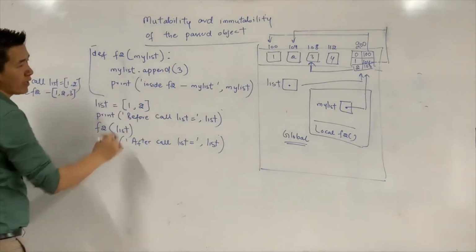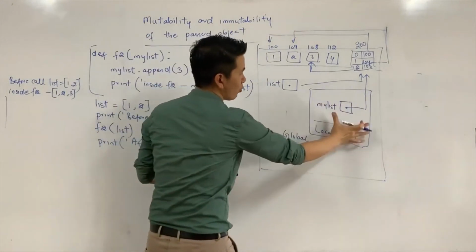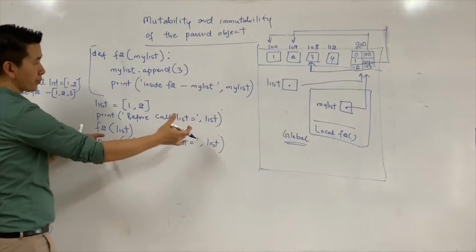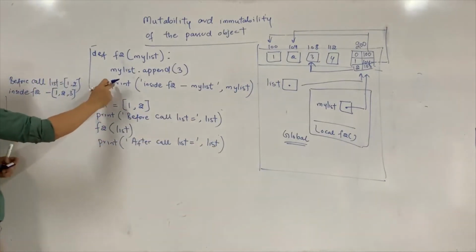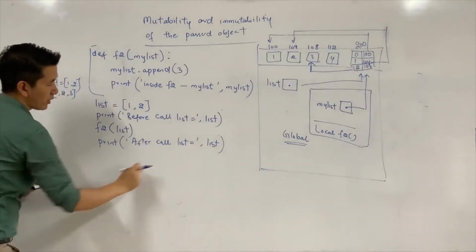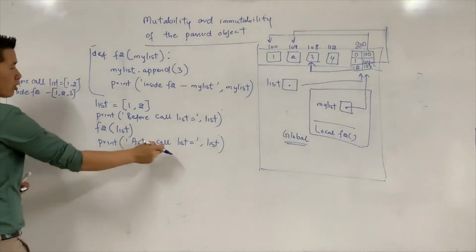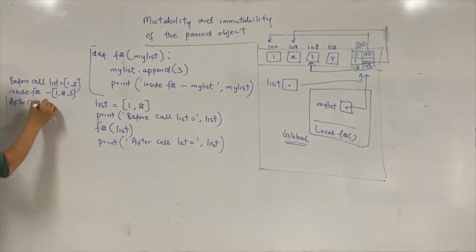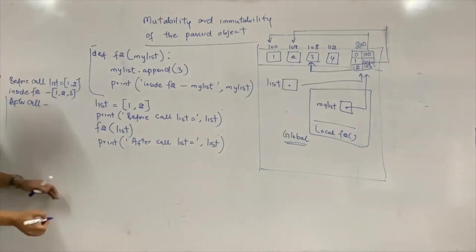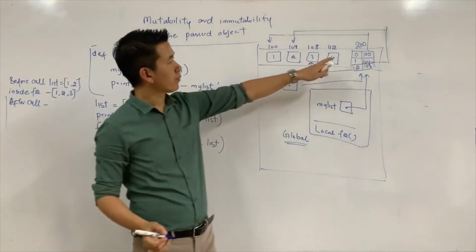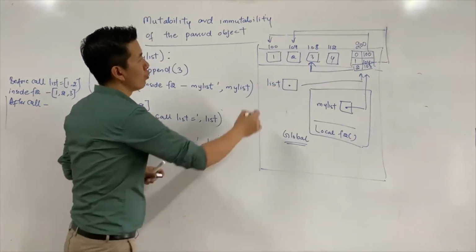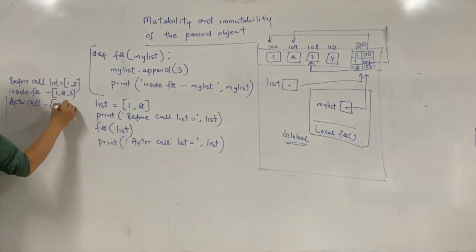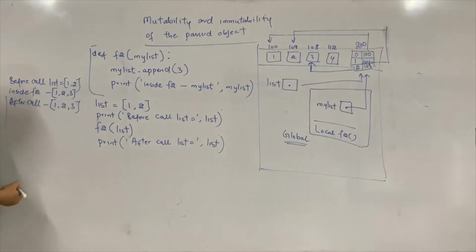Once you're finished with this, the local environment will be removed from memory. Then the next step is this particular statement, after the call. When you print the value of list, it will now be 1, 2, and 3.